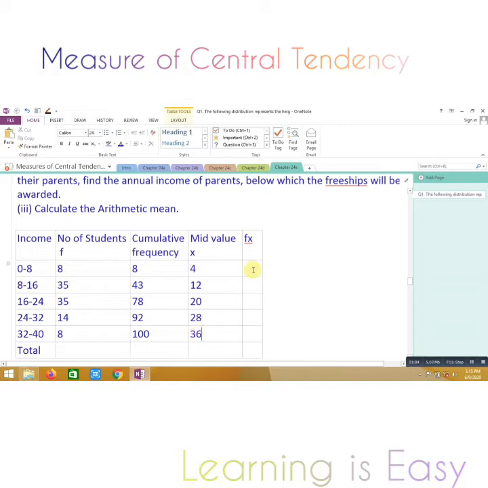After finding the mid value, we need to find the fx. So 8 into 4 is 32. 35 into 12 is 420. 35 into 20 is 700. 14 into 28, 392. 8 into 36, that's 288.